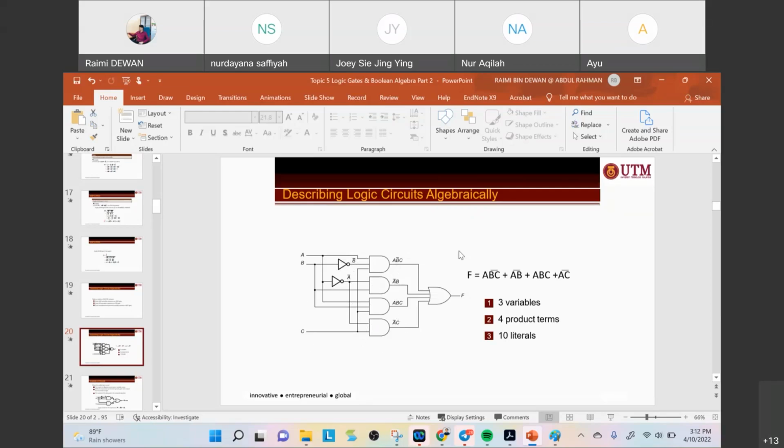Okay, so you have 10 literals. A literal is like this one is 1 literal, this one is 2 literals, this one is 3, and so on. For example, this one is A, B bar, C, A bar, B, and so on, 1 through 10 literals.